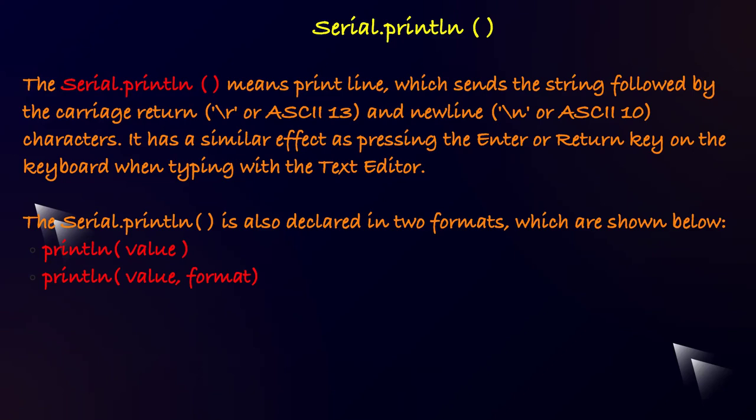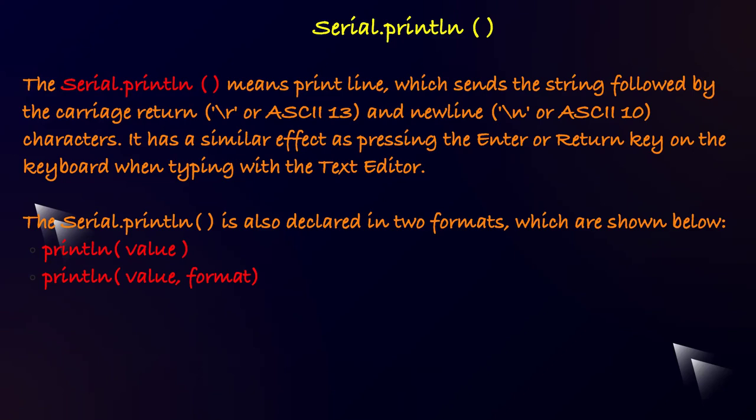Serial.println means print line, which sends the string followed by the carriage return, that is \r or ASCII 13, and new line, \n or ASCII 10, characters. It has a similar effect as pressing the enter or return key on the keyboard when typing in a text editor.